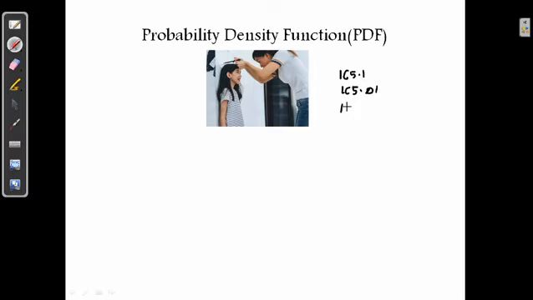So the data is continuous. If it were discrete, the data would be like 1, 2, 3. If it were integers, you would call it discrete, right?